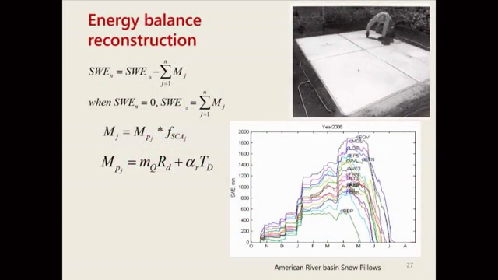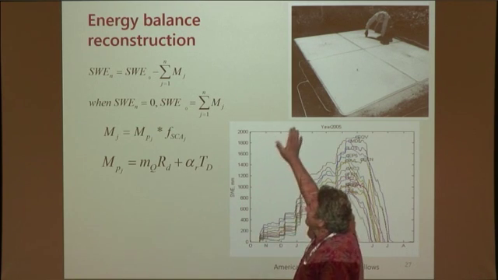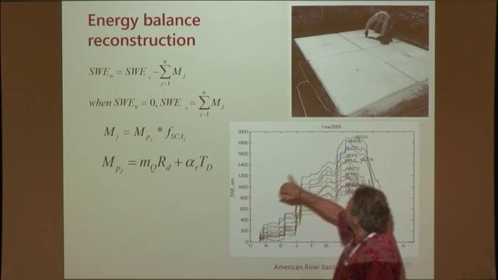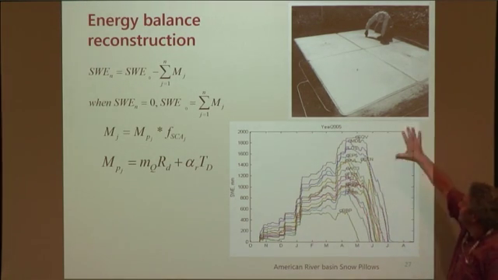Okay, and then the way that the reconstruction works is once I have that, then I can run a snowmelt model, and this is illustrated with measurements from a snow pillow.